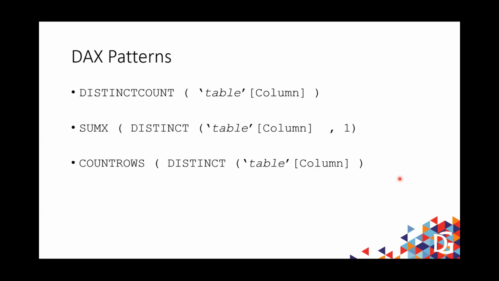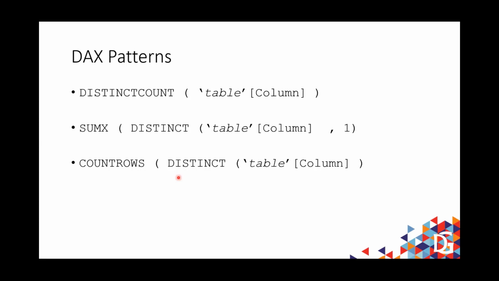So there should be very little difference in terms of performance if you were to use this count rows approach versus this. I just want to mention it because I do see this approach from time to time, and if you're going to use this, you are probably better off using distinct count, because it's simpler, it's easy, it's more readable, and I would only really alternate between distinct count and SUMX as approaches.